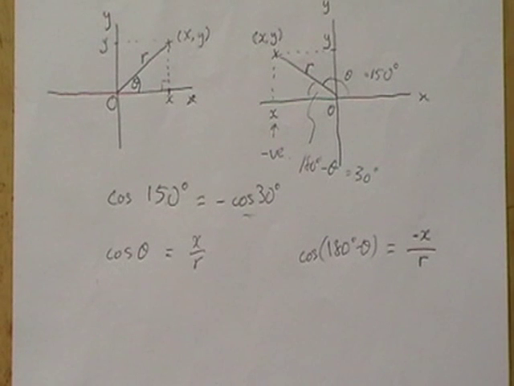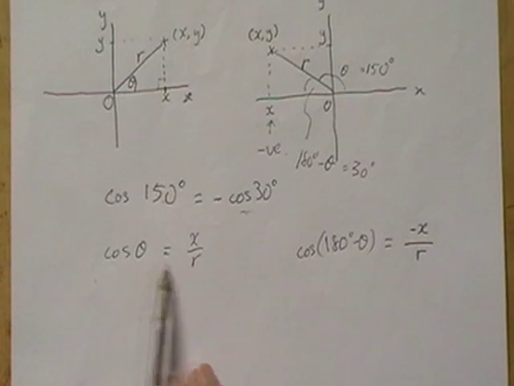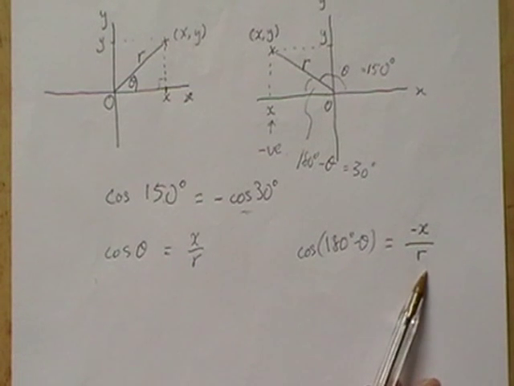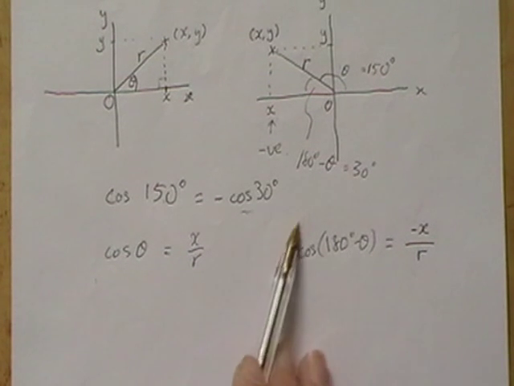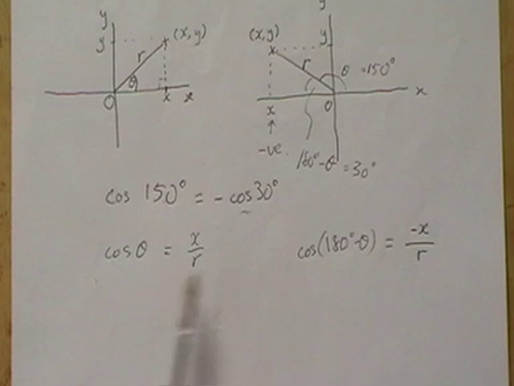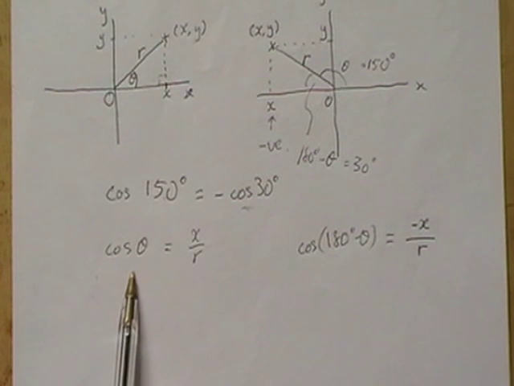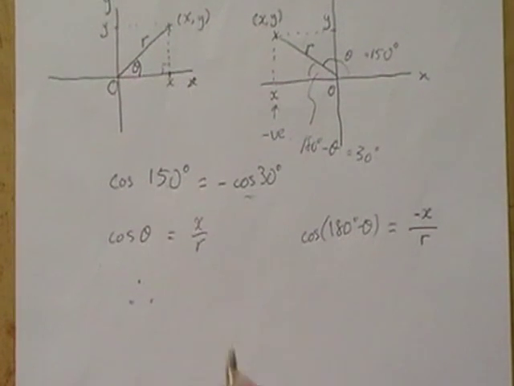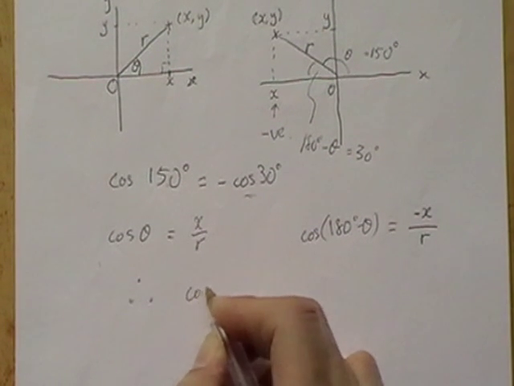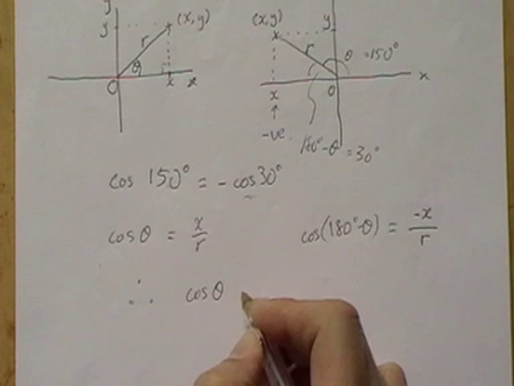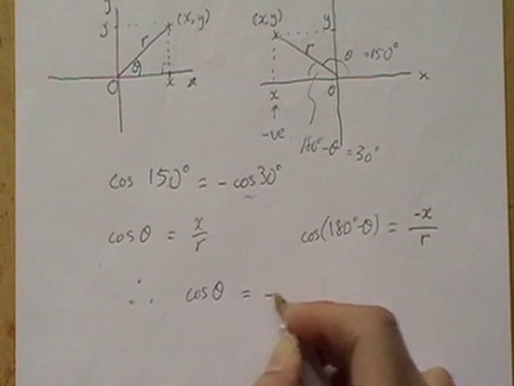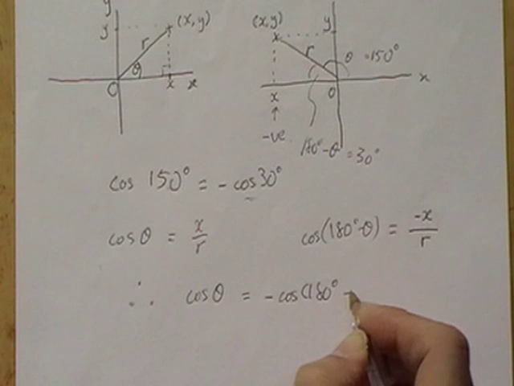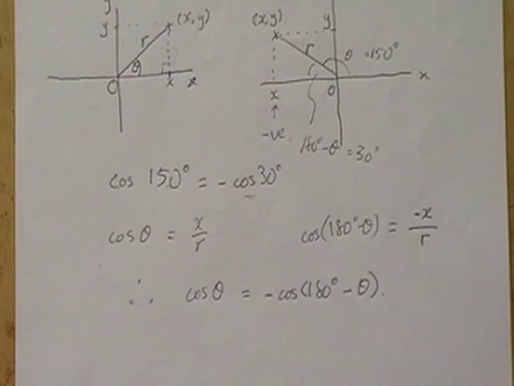So now, if I compare these two, you see that this is x over r, this is minus x over r. So therefore, this has to be the negative of that. So finally, we have proved that cosine of an angle theta is equal to minus the cosine of 180 degrees minus theta.